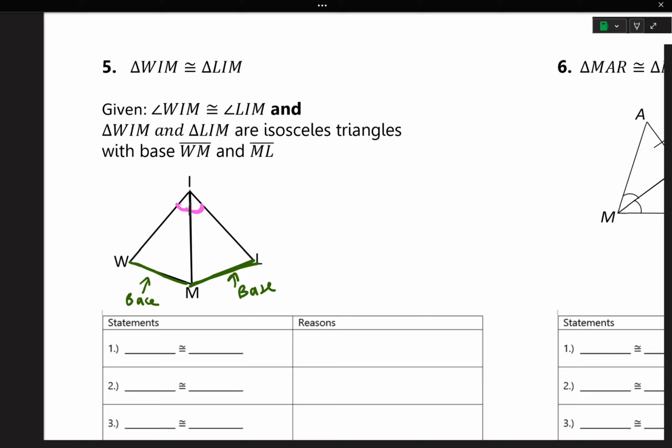Now, what do we know about isosceles triangles? Each isosceles triangle has congruent angles attached to their base. I almost said bases attached to their angles, that's silly. So if we look at the left triangle, this angle and this angle would be congruent to each other.